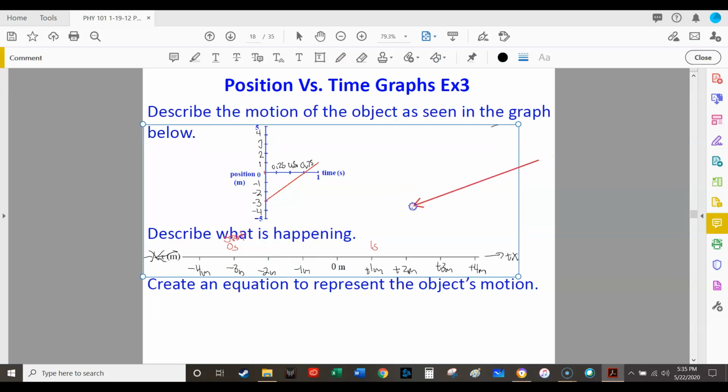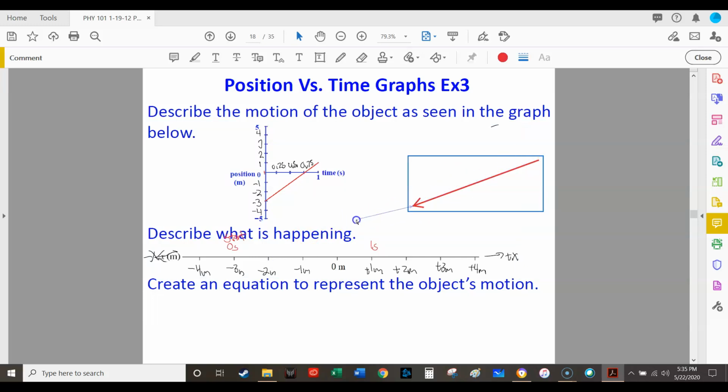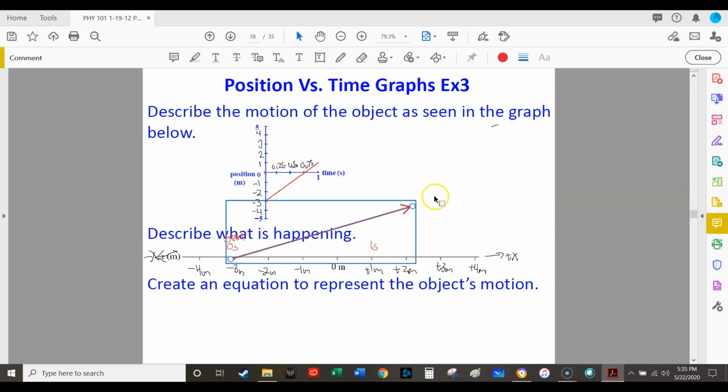This is being difficult. Do it this way. It looks like it travels a total displacement, I should say. So that vector starts here, so it's 1, 2, 3, 4.